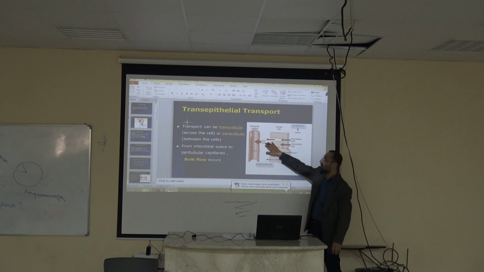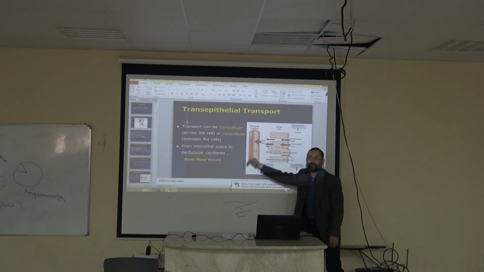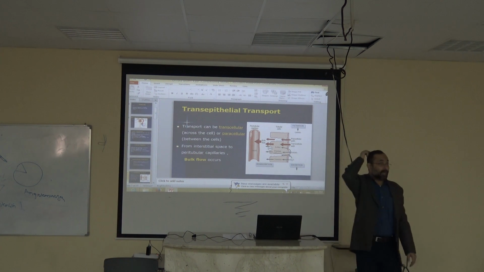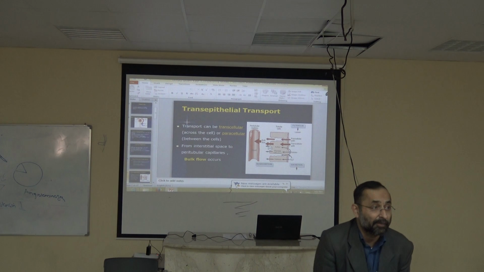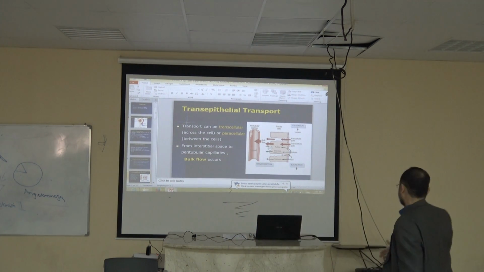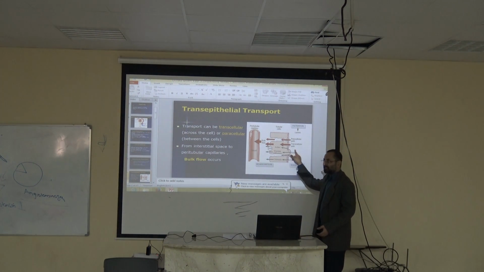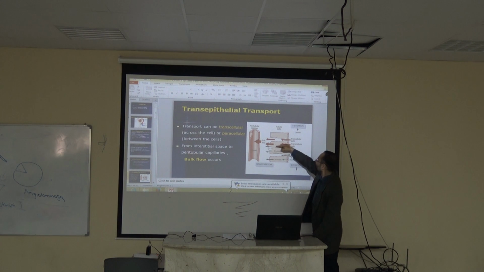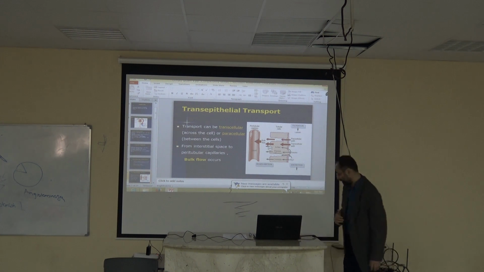Now, if you want to reabsorb the substances, you have two pathways through which you can reabsorb. One pathway is through the cell. You can see the foldings here, the surface area of the cell. If you are passing from this area through the membrane here, this is called the transcellular pathway.